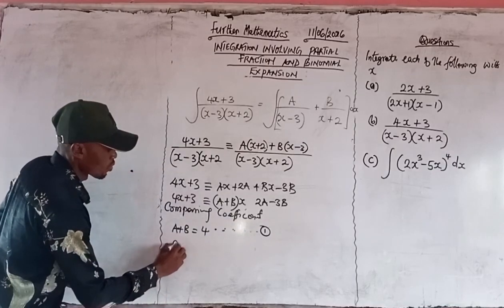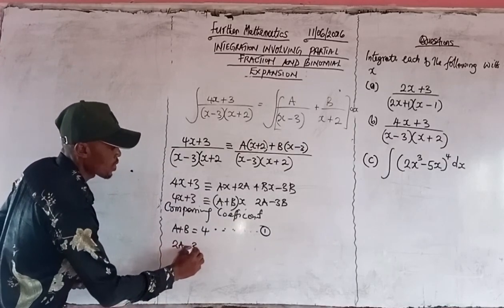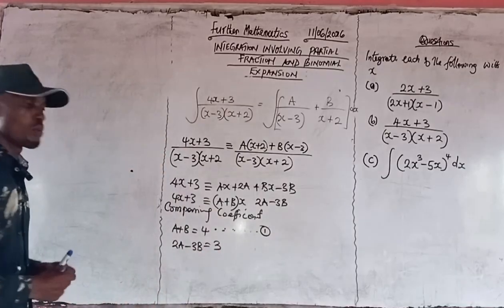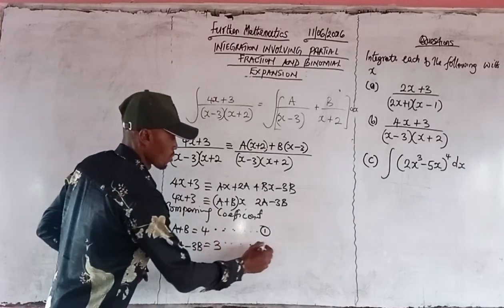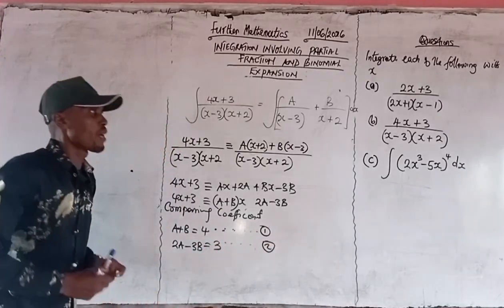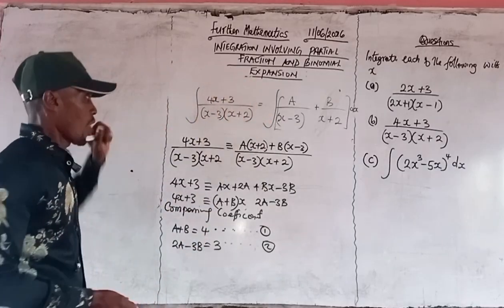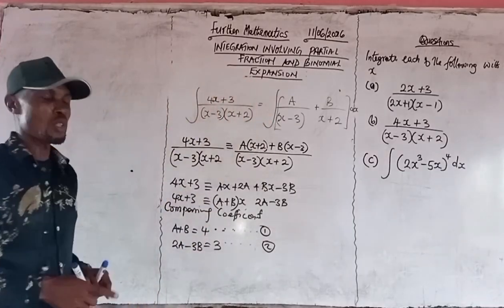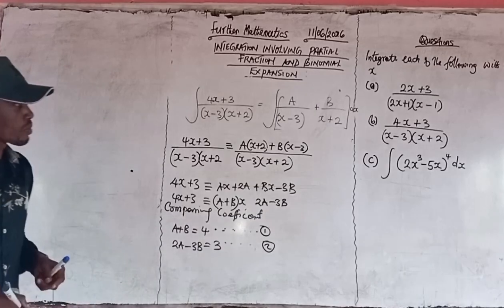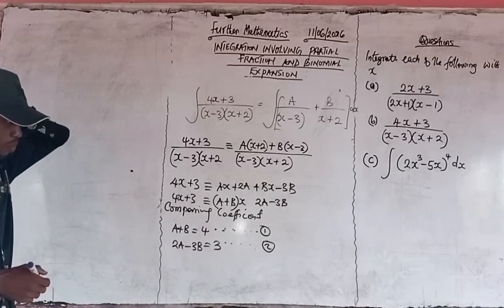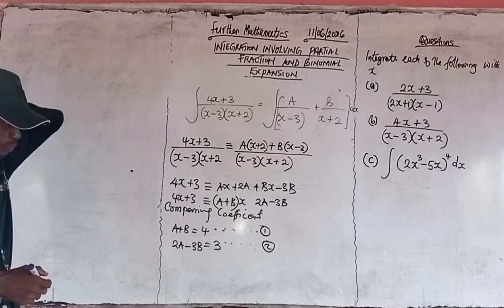And 2a minus 3b is equal to 3. We call this equation 2. Remember, I used the cover-up method in the first one. I'm using the substitution method in this particular problem. So I want you to pay attention and get both of them.